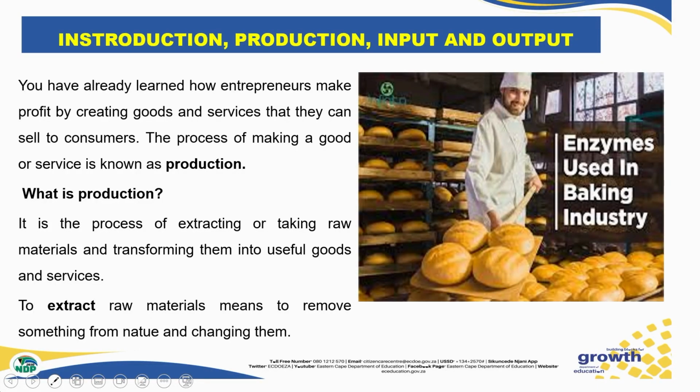You have already learned in the last chapters how entrepreneurs make profit by creating goods and services that they can sell to consumers. And this process of making goods and services is known as what? As production. You have to understand, first of all, the concept of production.